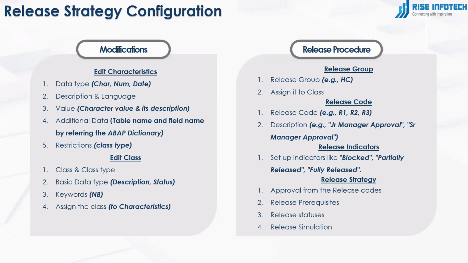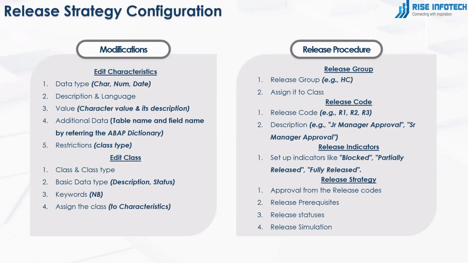So release code is, as mentioned, a two alphabetic or numeric code given to the approval persons. So example, it may be a TL manager, junior manager, senior manager, and they come under a hierarchy or a priority based on the condition in which the PO is going to be released.